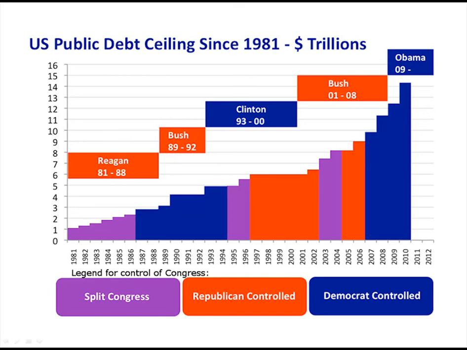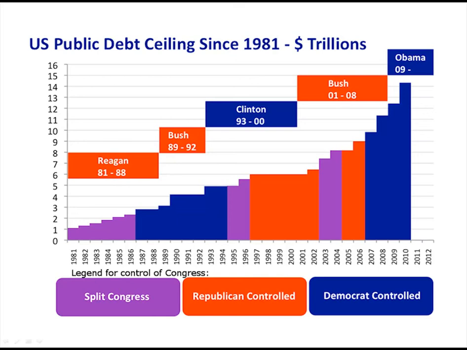Some number of years ago, and to tell you the truth, I think it was 1917, the government established a debt ceiling and said that the national debt could not go above a certain amount. That was established in 1917 at $11.5 billion.